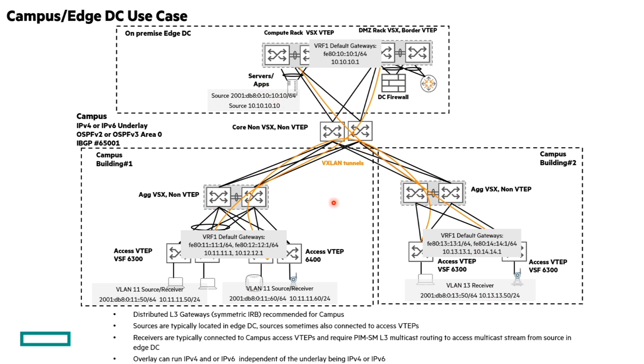However, it is not uncommon to also have sources and receivers in the campus alone, and we can see here, for instance, VLAN 11 can be a source as well as a receiver in campus building 1, and then a receiver can be in campus building 2, looking for those specific sources to play any stream at all.